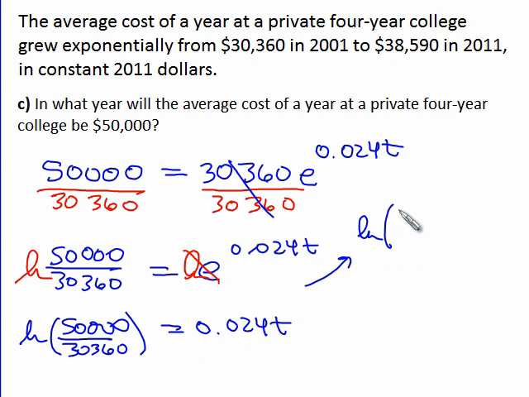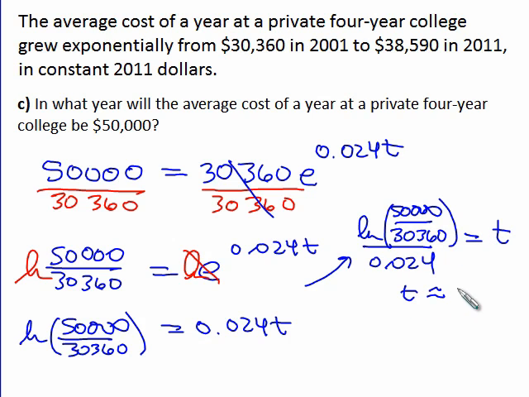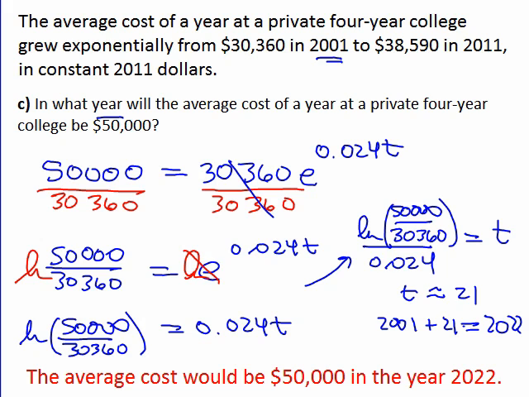So what I'm going to be typing in my calculator is the natural log of 50,000 over 30,360, all divided by 0.024, because that's exactly what t is. Typing this in my calculator, I get t is about 21. But they want the year, and remember, t is the number of years after 2001. So I need to take 2001 and add 21 to it to get 2022. Therefore, the average cost would be $50,000 in the year 2022.